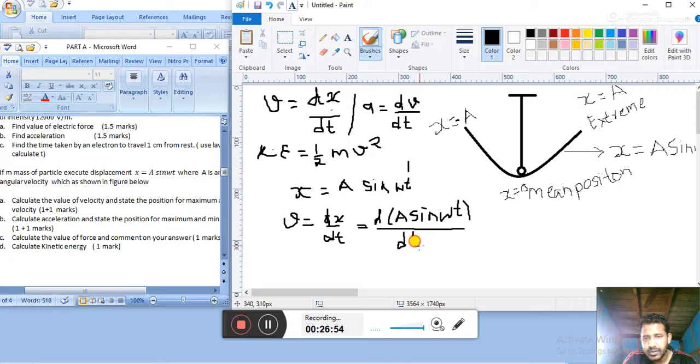Here a is constant, so it should come outside. And what is the derivative of sin omega t?